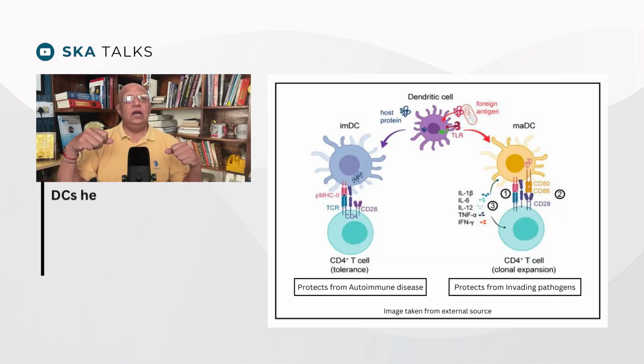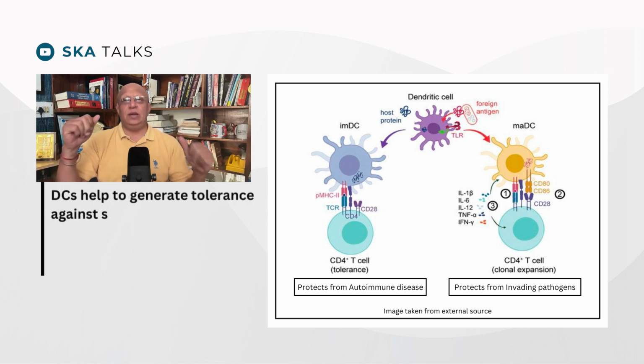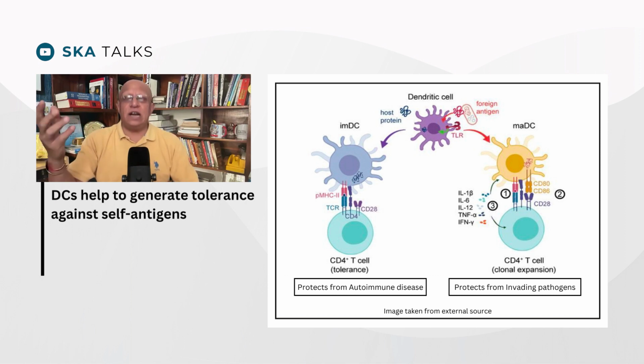So one situation when it happens is when the dendritic cell captures the self-antigen during the process of development. And in that situation, we know that the dendritic cell will not start expressing the co-stimulatory molecules.